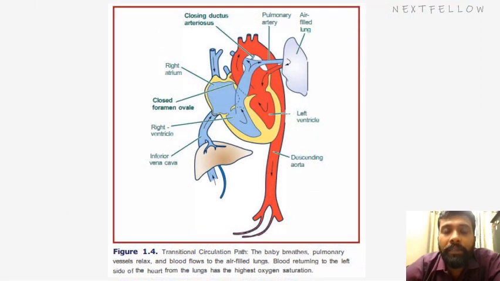So this is a transitional circulation pathway. This is not a fully mature newborn circulation, and this is not a fetal circulation. This is the process that happens in between those two.